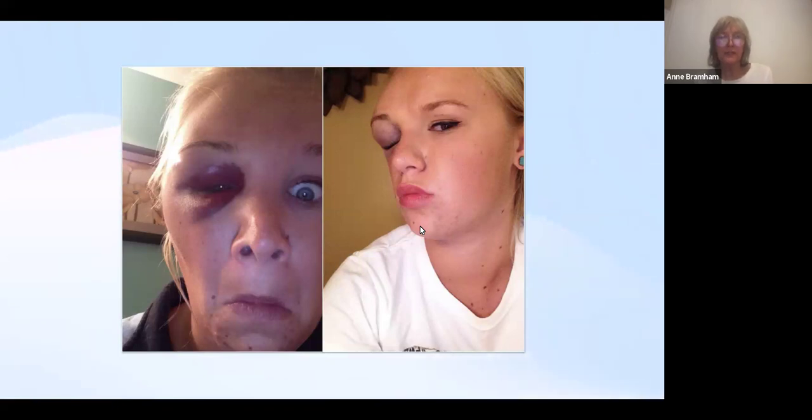She had driven her car off the road into a mailbox while she was trying to retrieve something from the floor, and the right side of her face was severely bruised, as you can see. I mean, just look at the swelling over that eye on the picture on the right.